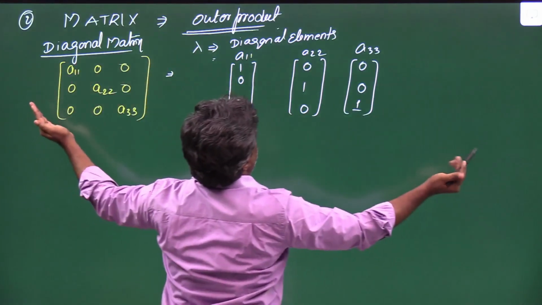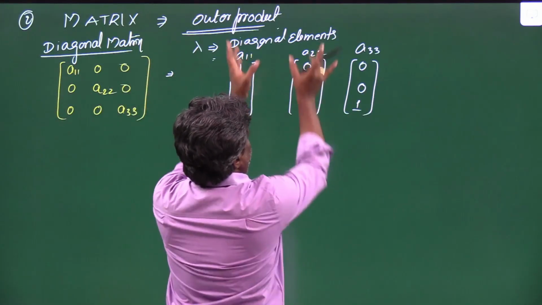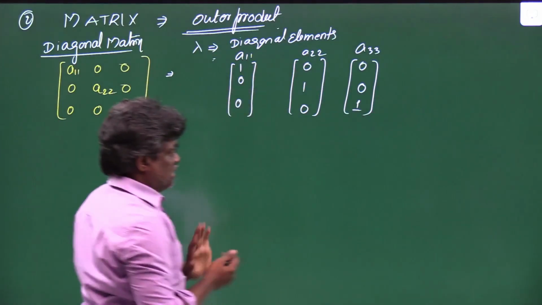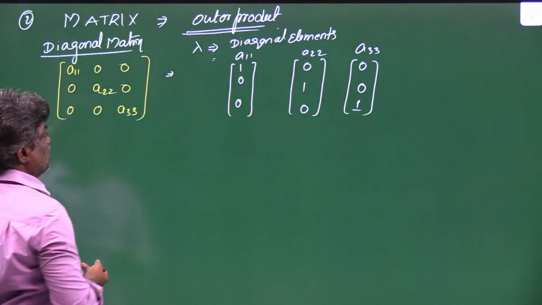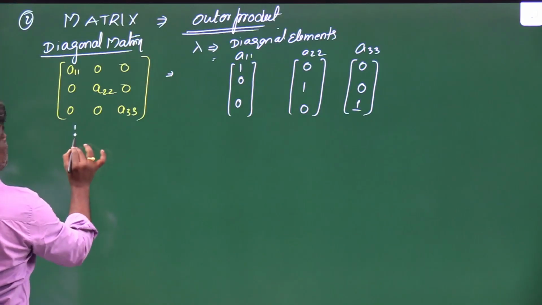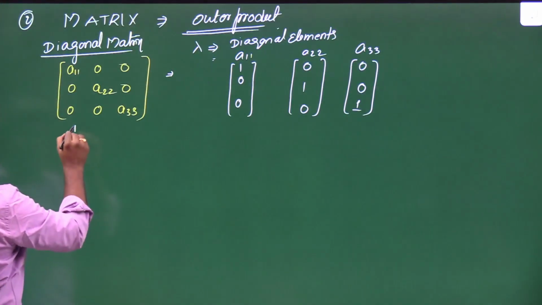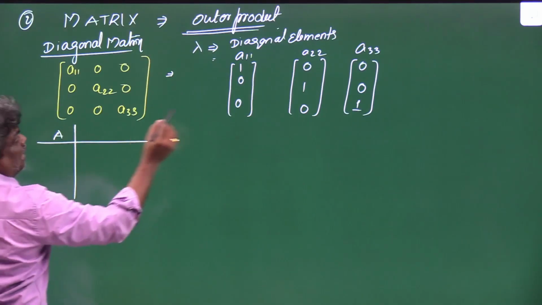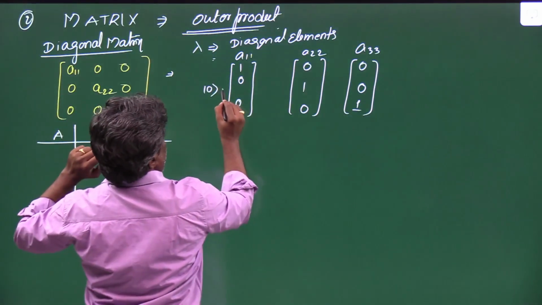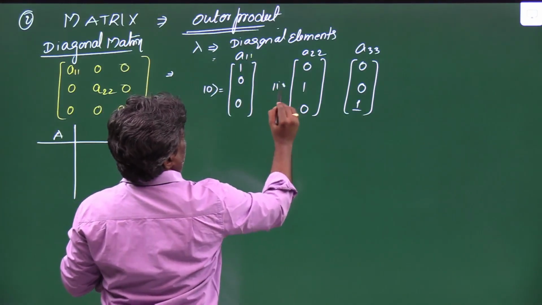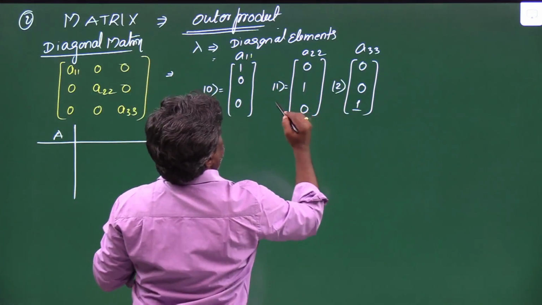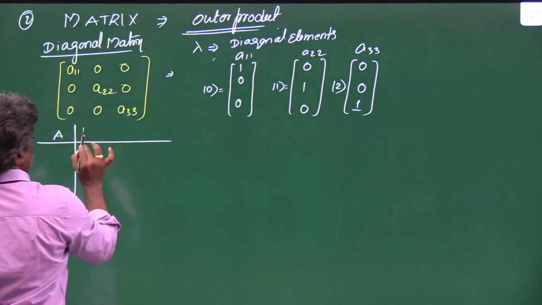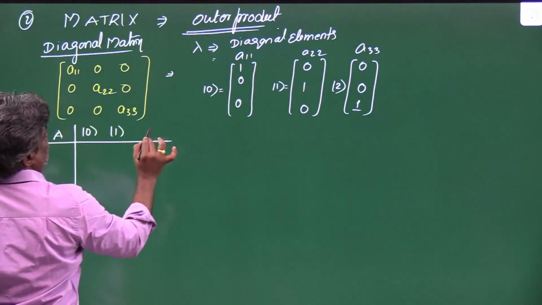That means if you make all these basis vectors together as columns, then you will get the identity matrix. Okay, fine. So now please write this in the outer product form. Let me write. This is my operator. Sir, please take it as ket 0, ket 1, ket 2.